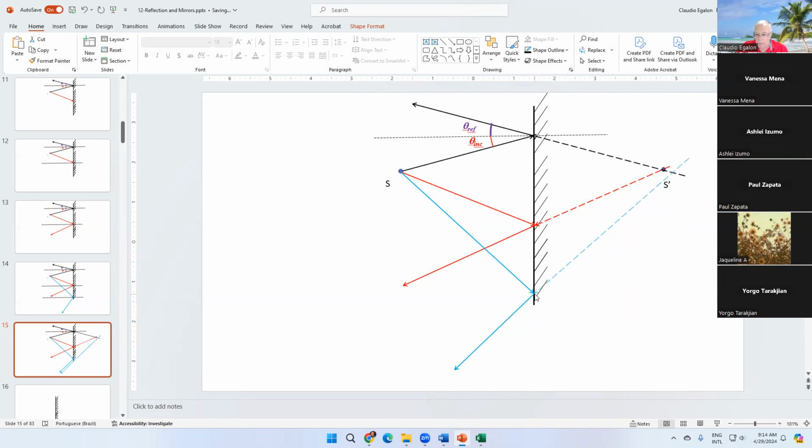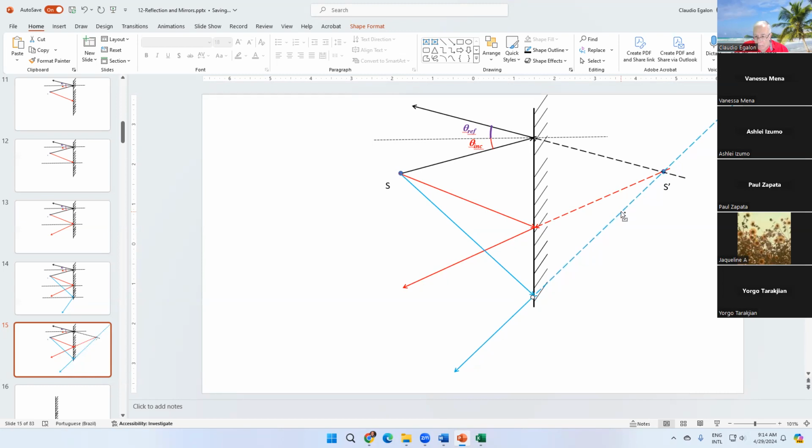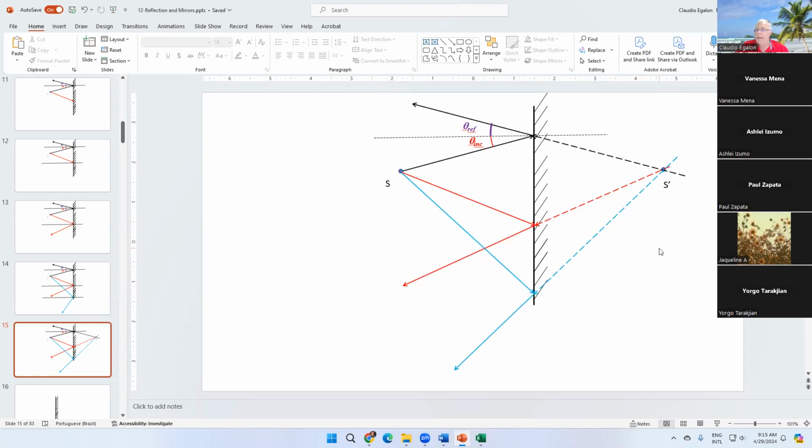Dash. Like that. I'm going to shorten this light ray. Like that. That's the position.